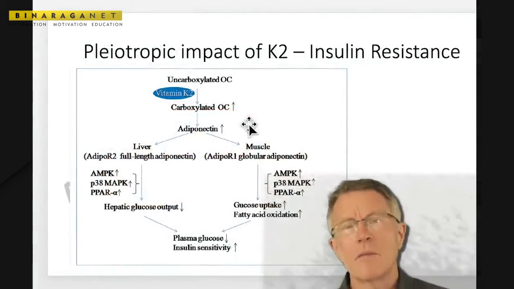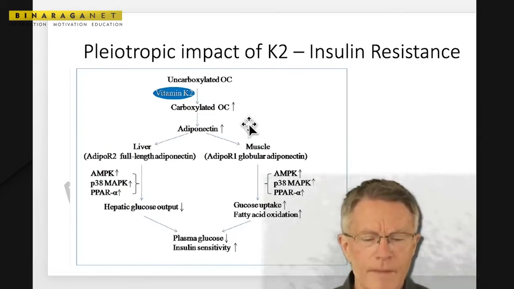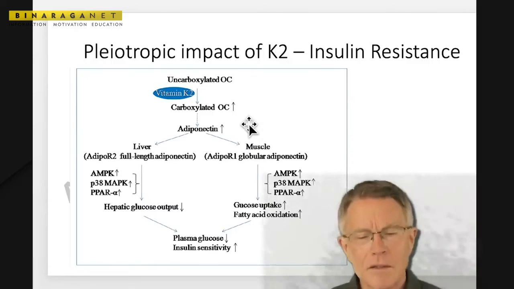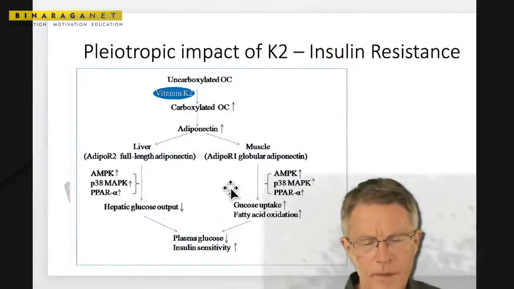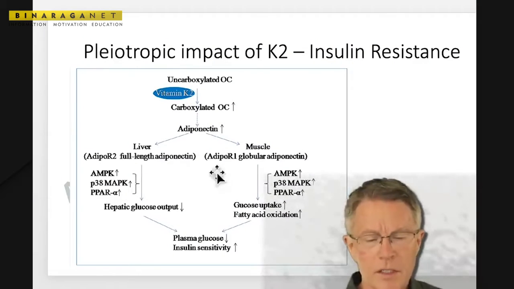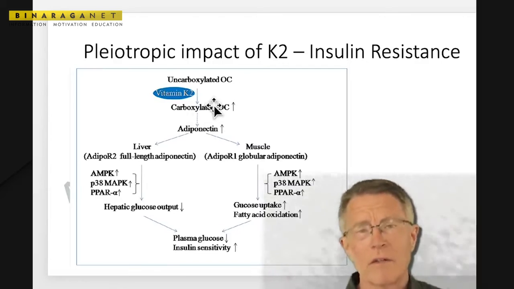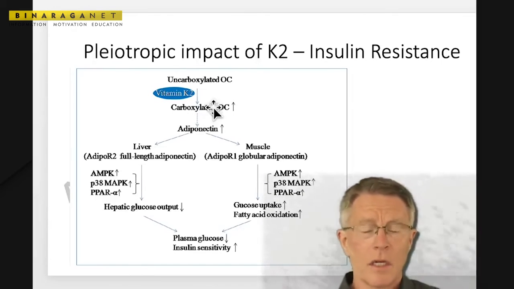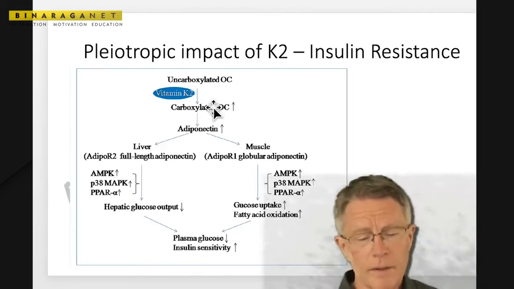The other enzyme that K2 carboxylates is osteocalcin. Now, we're starting to get a little bit technical here. I'm going to jump back up to about 30,000 feet and say, look, you see it in two or three places here. It activates those enzymes. Those enzymes we know have a lot to do with calcification of the bone and calcification of other tissue like plaque.